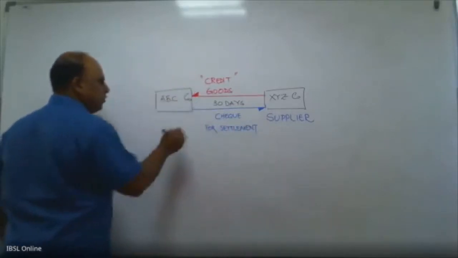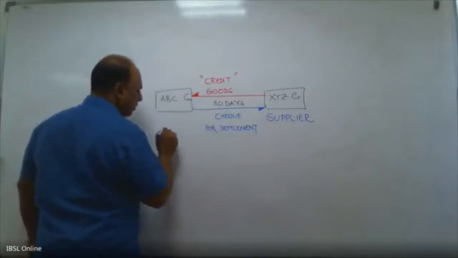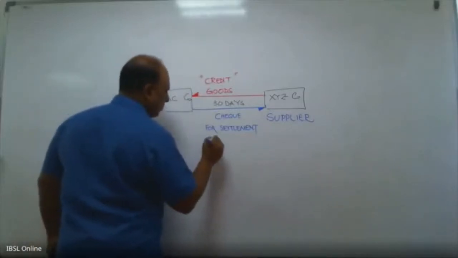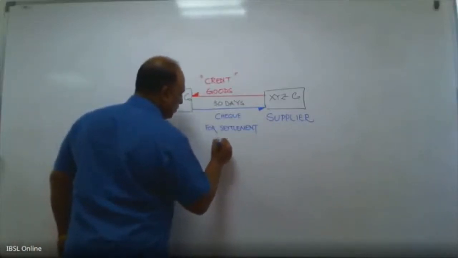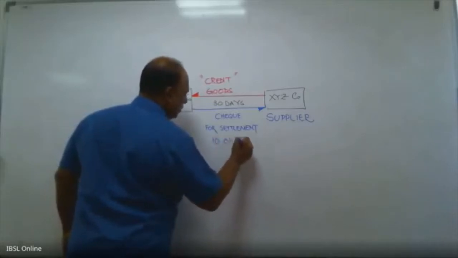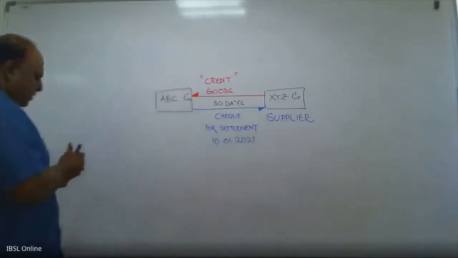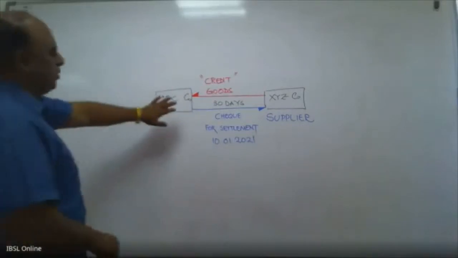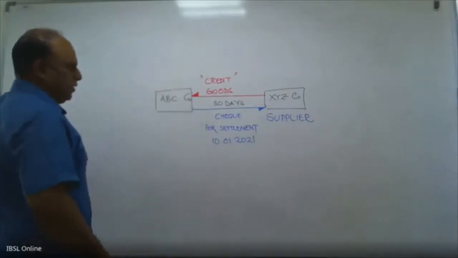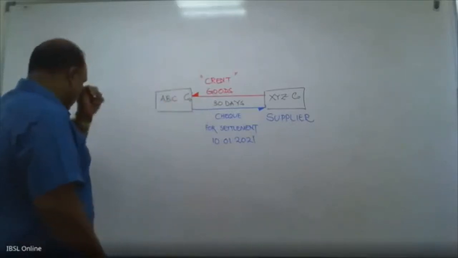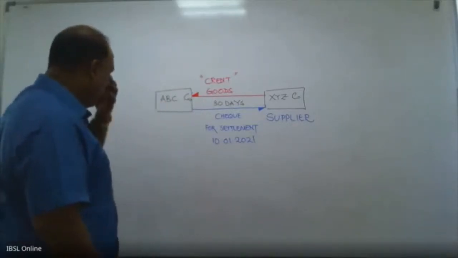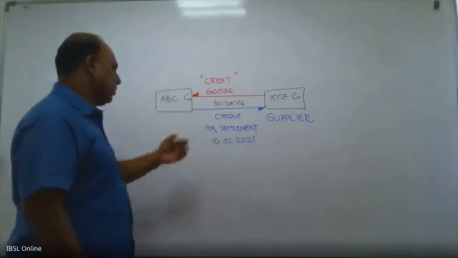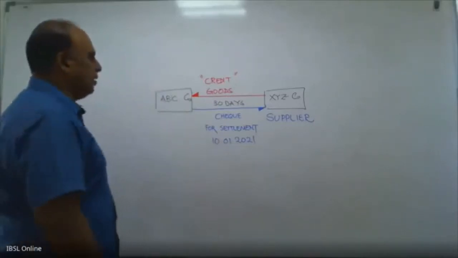Let's assume you give this check on the 10th of January 2021, just for example. So you have purchased goods on credit, which is on 30 days credit, but as agreed, maybe on the 20th or maybe on the 30th day, you have settled by giving a check.